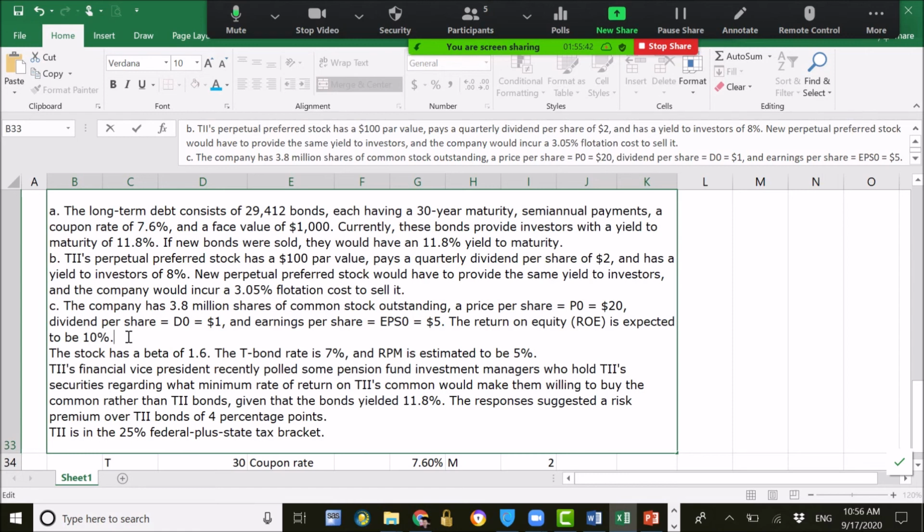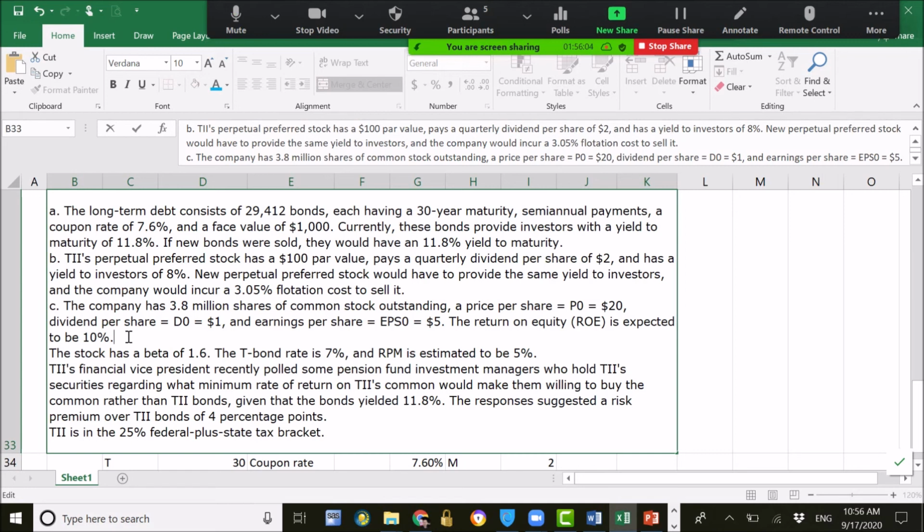This question gives a lot of extra information. All right, cost of preferred stock.